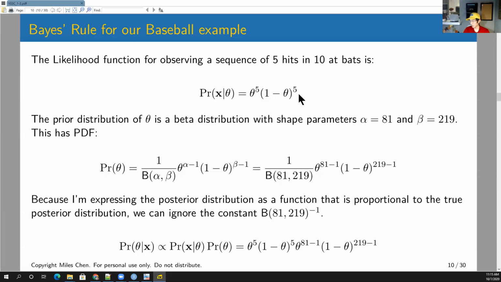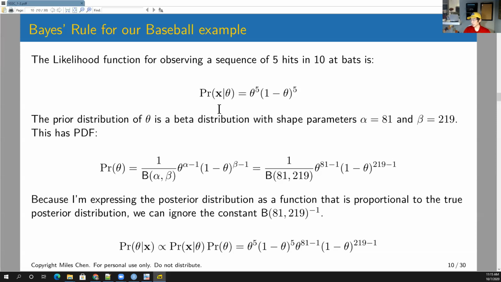So this is the likelihood of getting that sequence of 5 hits in 10 at-bats. And then the prior distribution of theta: before we even looked at how this player performed, we said the prior distribution of theta is a beta distribution with shape parameters 81 and 219. And it looks something like this. This is the PDF.